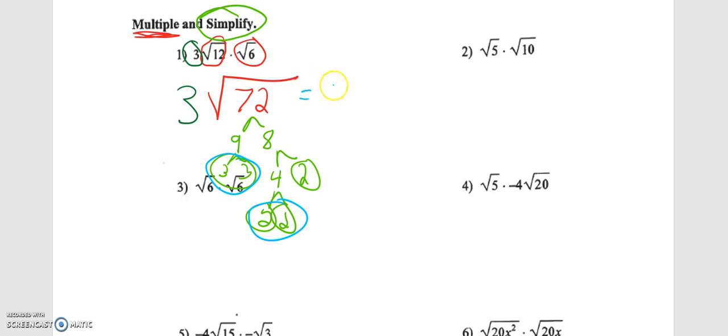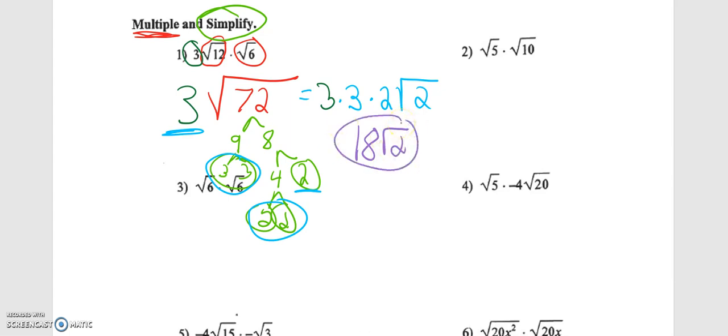So that means I'm going to have, don't forget about this 3 out in front. I'm just going to go ahead and rewrite them so I don't forget about them. Then I have a pair of 3's, which means I have a new 3 coming in. I have a pair of 2's, so that means I have a 2 coming in. And then this lonely 2 had nobody, so he stays in the house. Then it's just a matter of simplifying. You're going to get 18 on the outside and a 2 on the inside as your final answer.